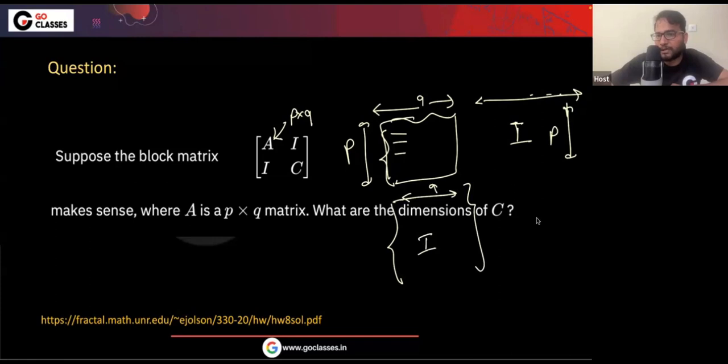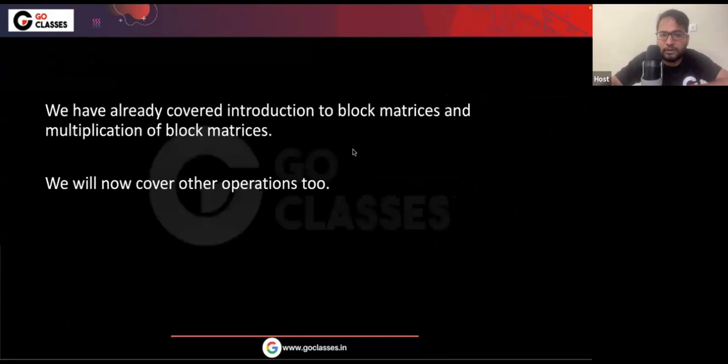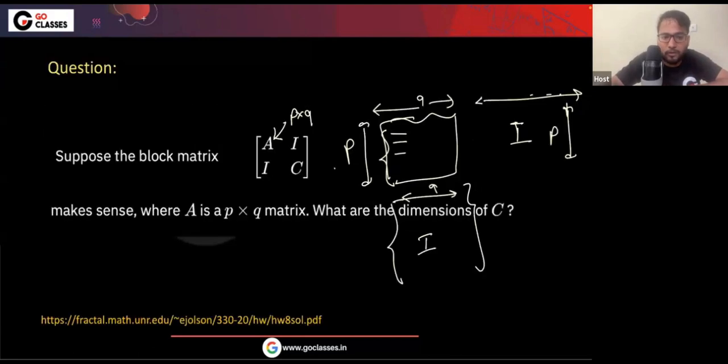Now for this matrix, do you know the number of columns here? The columns here could be anything. They are saying A is a block matrix of P cross Q, and I. Let me check whether the dimension of I is given or not.